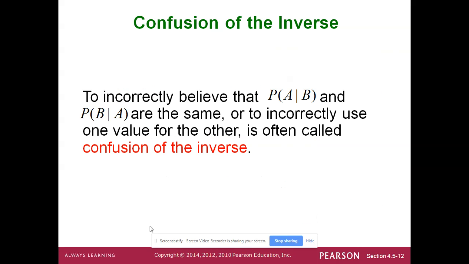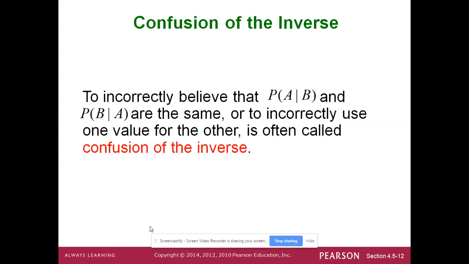All right, the confusion of the inverse. This is the title of the slide. To incorrectly believe that the probability of A given B and B given A are the same, or to incorrectly use one value for the other, is often called the confusion of the inverse.